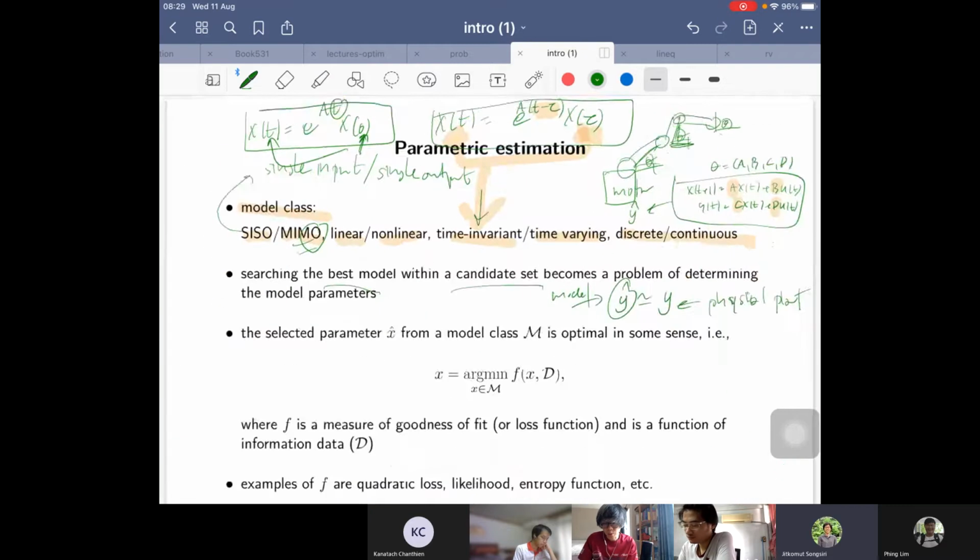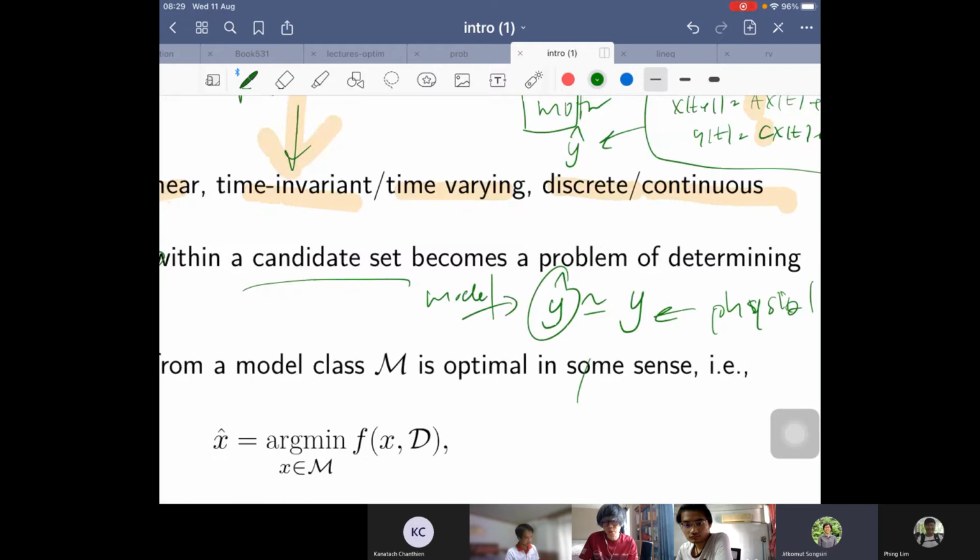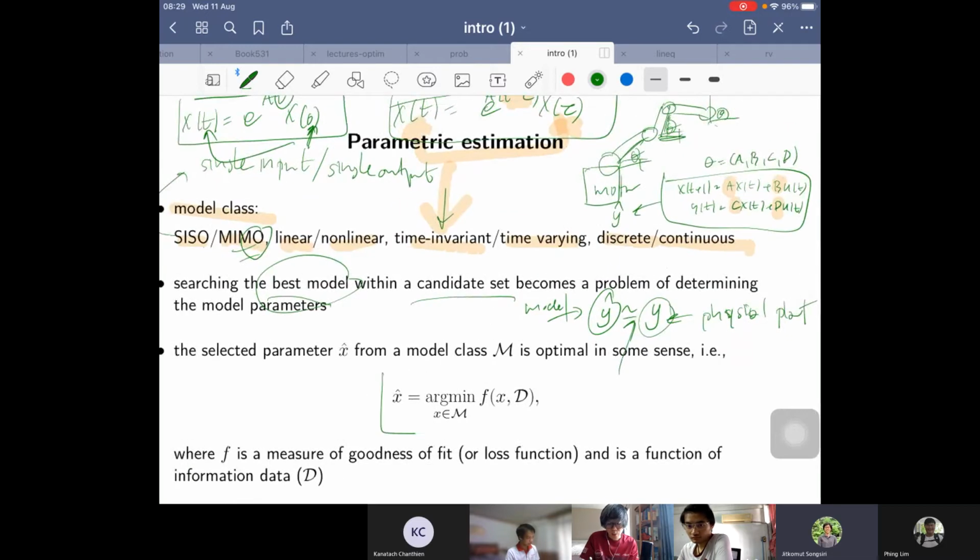In order to assess the quality of the model, what do we mean by the best model? We need to come up with a quantitative metric that can say this value of the parameter gives me the best approximation to the real output. So parametric estimation is formed into an optimization problem.